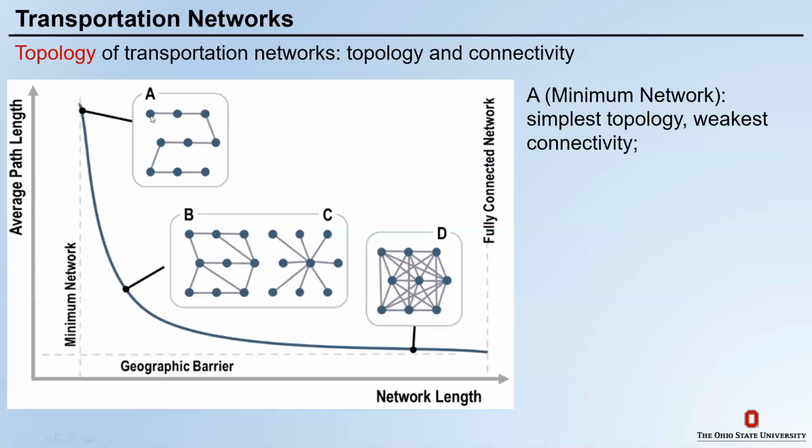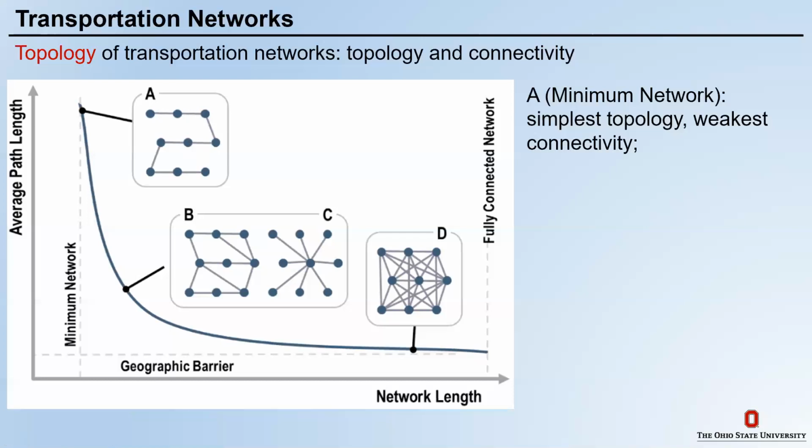Because for example, if you want to travel from this node to this node, obviously the shortest distance exists along the straight line between these two nodes. But since this is a minimum network, this shortest link is actually not there. You have to travel from this node to a second node to a third node to the fourth node to the fifth node to get to the destination. So the average path length or travel length is very long.